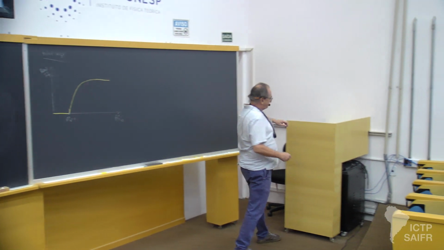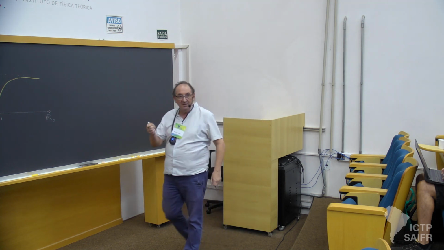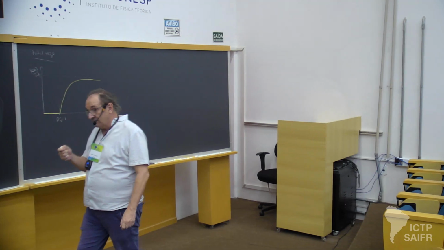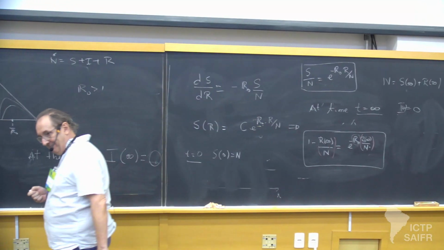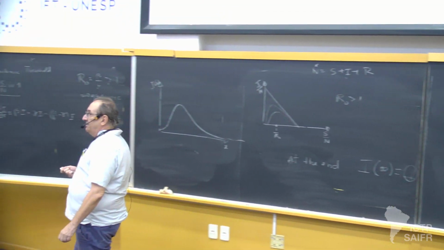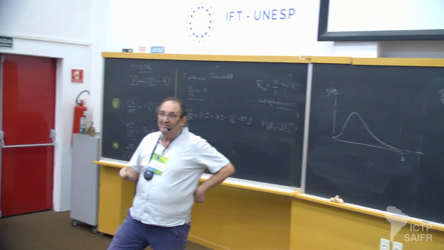So if you do this assessment, I calculate R0, say it's an emergent disease like COVID-19. I calculate R0 at the beginning and have an estimate.